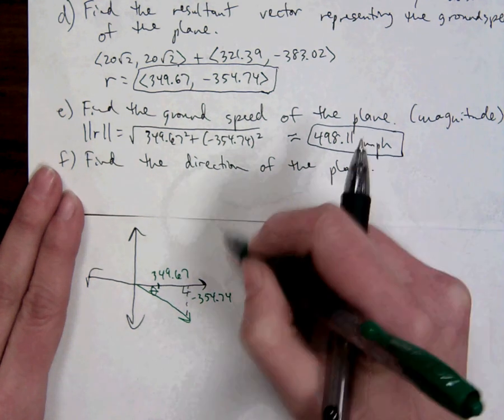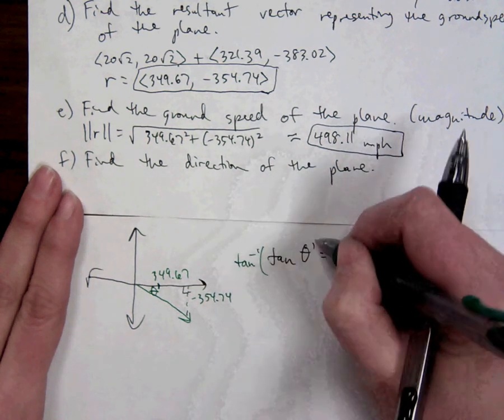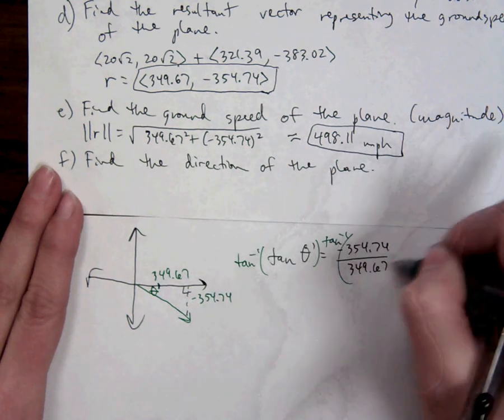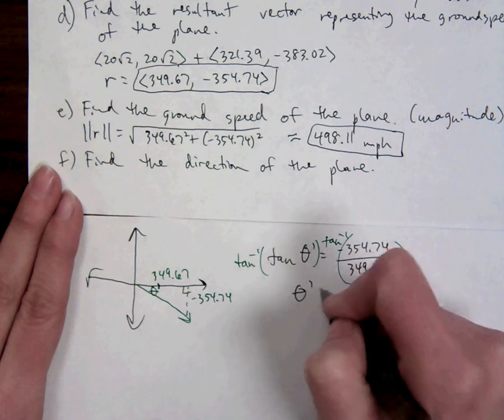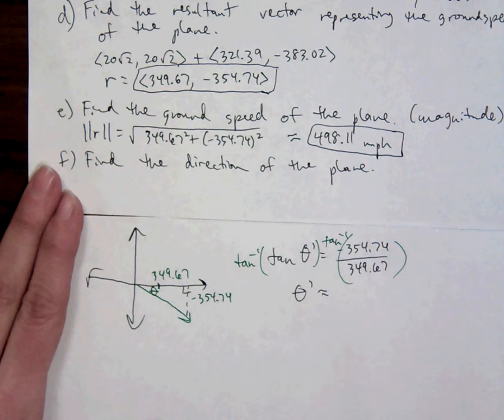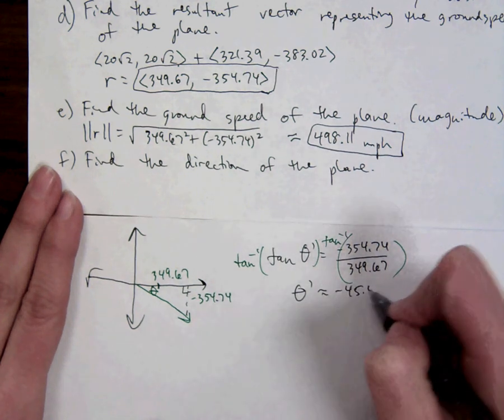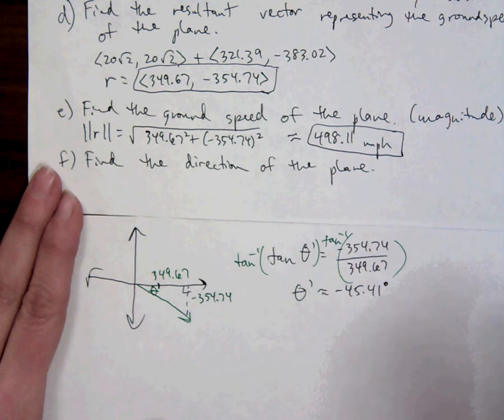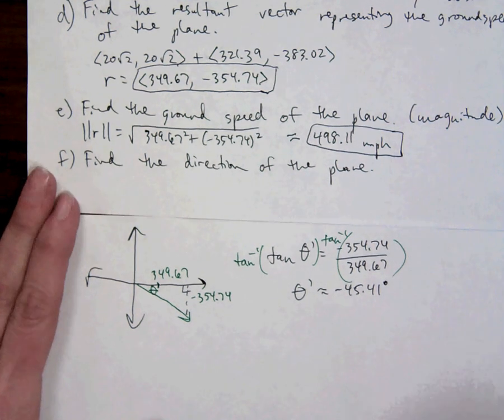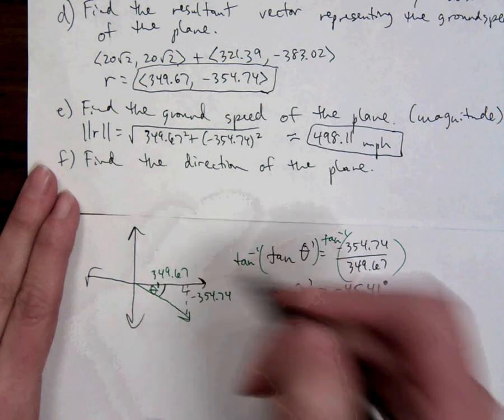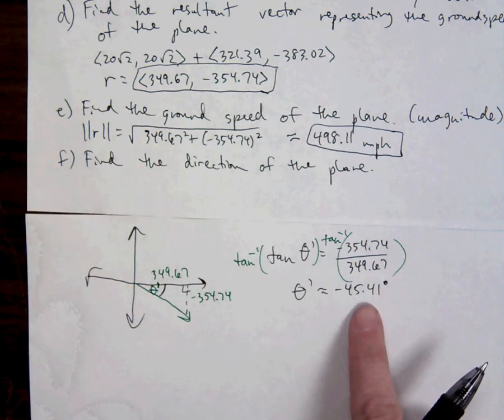I need to do inverse tangent to both sides. So that reference angle in there is about negative 45.41 degrees. So that's how you can tell my picture was a little bit off, but pretty close. So if we're saying this right here is negative 45.41 degrees, that's close to the answer.